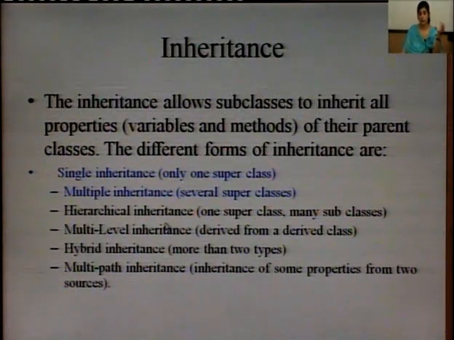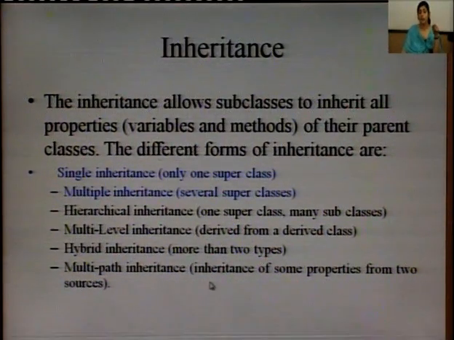Hierarchical inheritance, that we have already seen in our last slide: one superclass and many subclasses. Multi-level inheritance, same like this, multiple levels are there, derived from many derived classes. And hybrid inheritance means whenever we mix two types of inheritance, that may be single, multiple, hierarchical or multi-level, then it forms a hybrid inheritance.